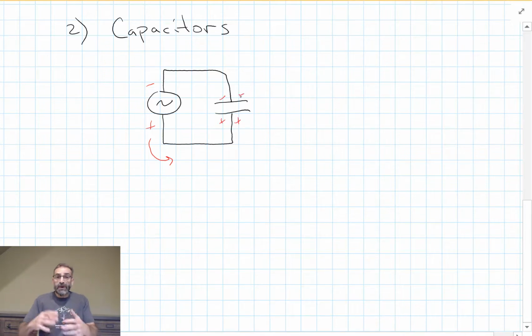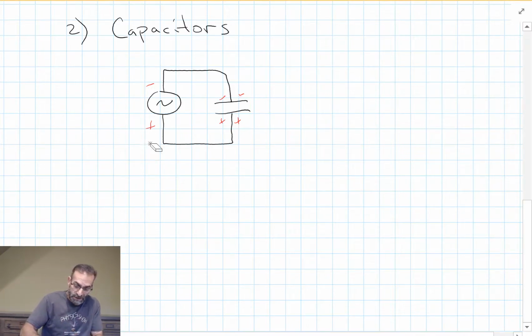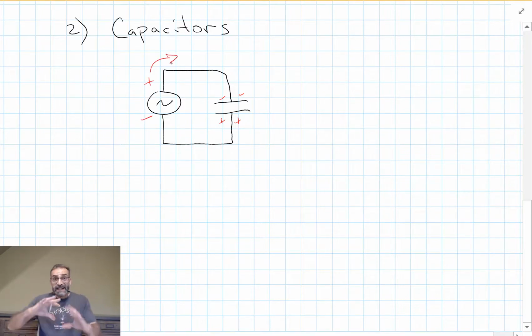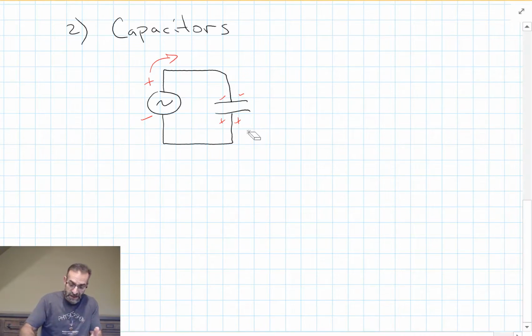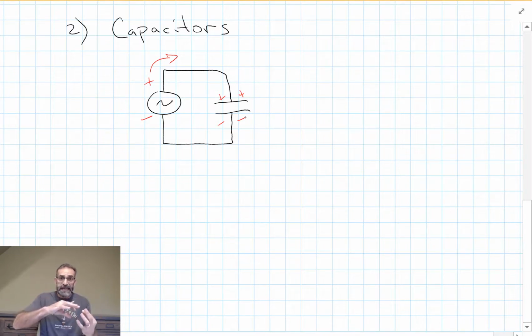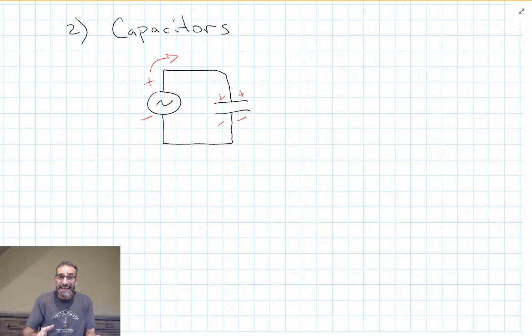And before they can build up and really push back and have an effect on the flow of charges in the circuit, I flip the potential on my power supply, and now they flow in the opposite direction. And before they can build up enough where they impact the flow of charges, I flip again. You see what I'm getting at? It's almost like it's not there.